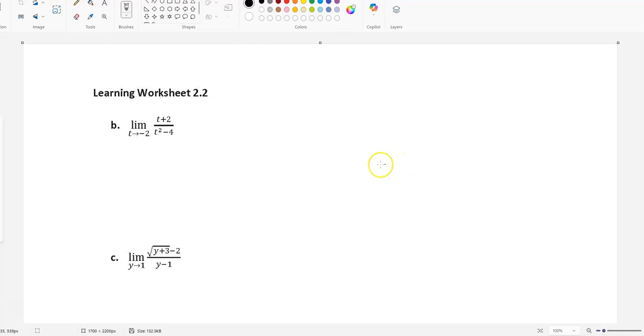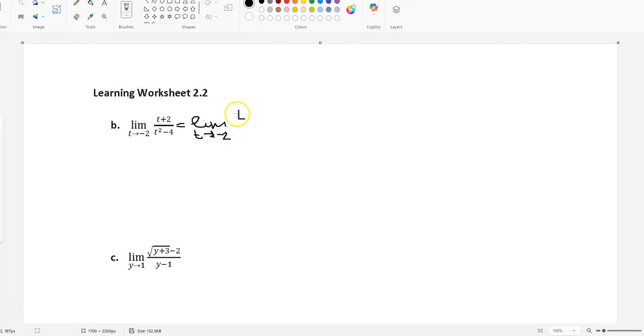Limits part 2. Now we are looking at other types of limits which we have to deal with. When you plug in t equals -2 to this expression, your limit as t approaches -2 looks like this.